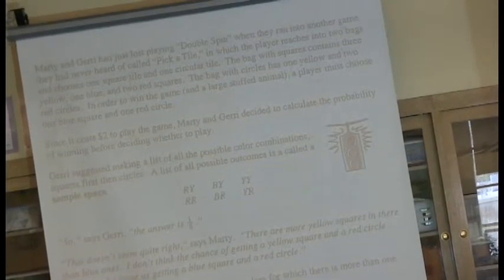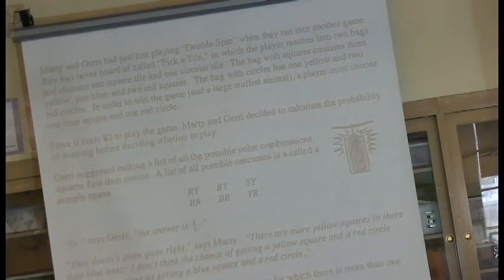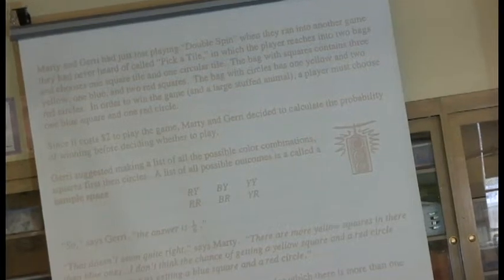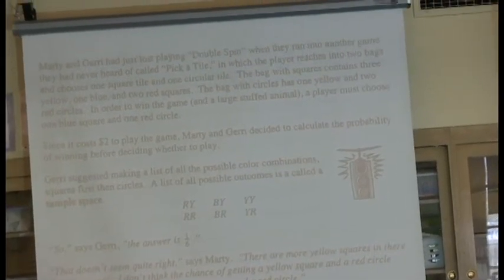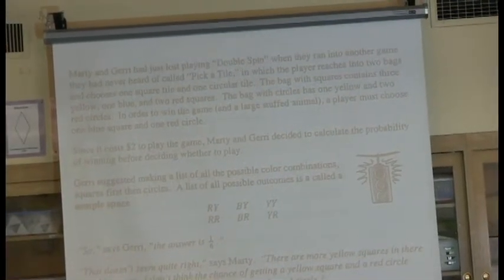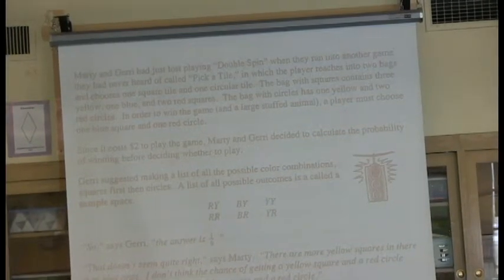When they ran into another game that they had never heard of called Pick a Tile, in which the player reaches into 2 bags and chooses one square tile and one circular tile. The bag with the squares contains 3 yellow, 1 blue, and 2 red, and the bag with the circles has 1 yellow and 2 red circles. In order to win the game and a super exciting large stuffed animal, a player must choose 1 blue and 1 red circle. Oh, by the way, it also costs $2 to play. Of course, everything costs money.